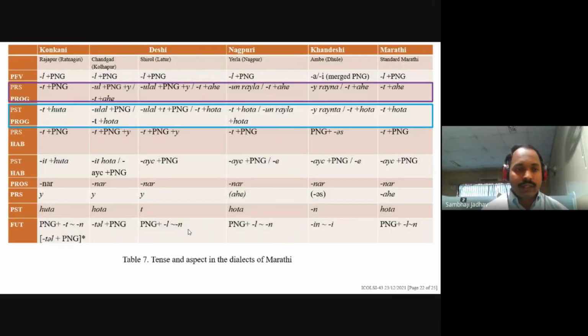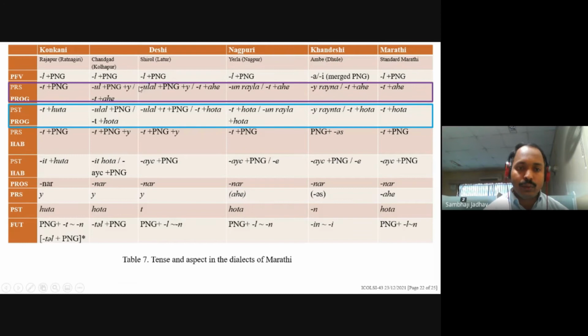If you look at this complete chart from these five different areas which I had selected, and last I have added standard Marathi, which we first looked at, we find most of the variations in the progressive system. If you look at this, Undrail constructions, Raina or E Raina, these new constructions are coming into the picture.